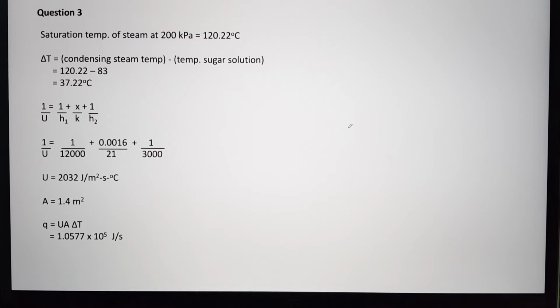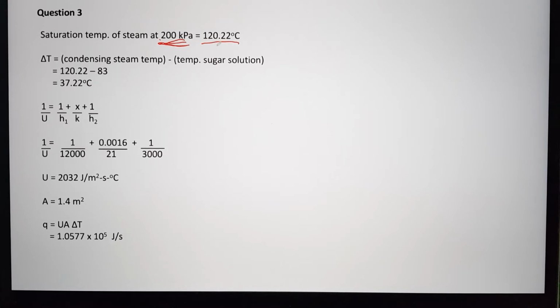Okay, so it gives you the hint that you need to use a steam table in order to determine the temperature for condensing steam. Please take a look at your steam table, the first attachment. Look for the pressure column. At 200 kilopascal, what will be the temperature of the steam?